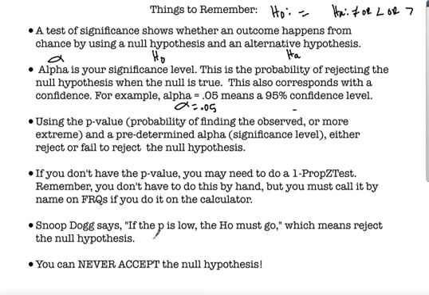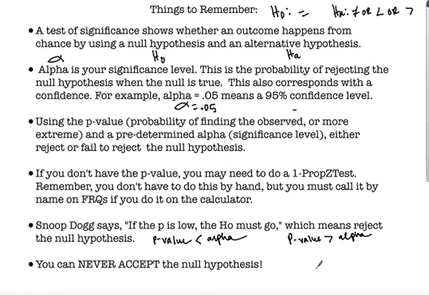What you're going to do is you're going to compare your p-value and this predetermined alpha. So what Snoop Dogg is saying is if your p-value is less than your alpha, then that means that you're going to reject the null hypothesis. If your p-value was greater than your alpha, then you're going to go with the alternative hypothesis.